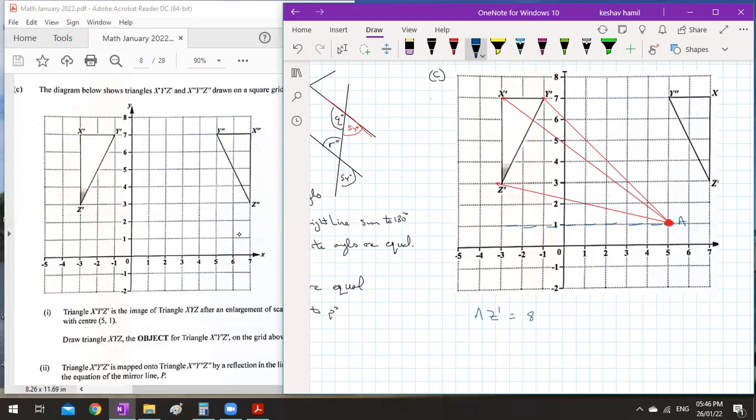Eight on the X and 2 on the Y. And from E to X1, in a different color, 1, 2, 3, 4, 5, 6, 7, 8, and 1, 2, 3, 4, 5, 6. So 8, 6. And the last one, to go to Y, 1, 2, 3, 4, 5, 6, and going up 6 again.